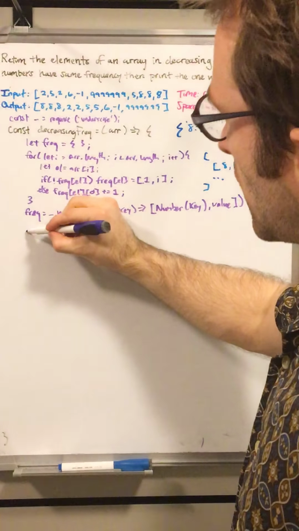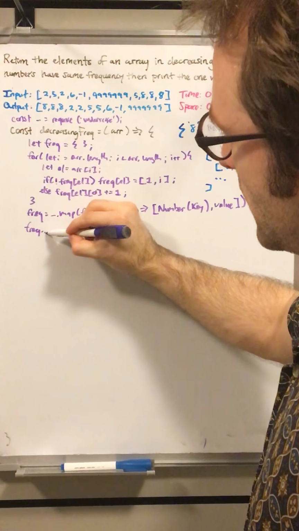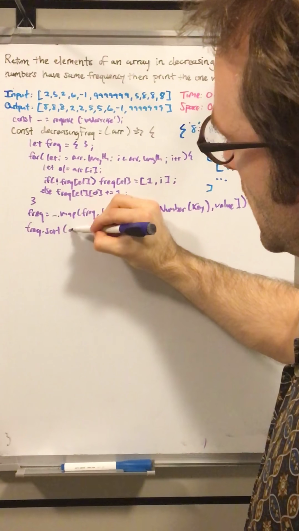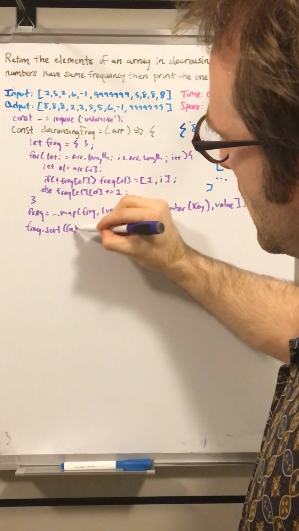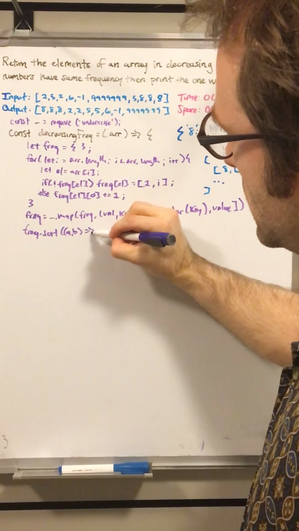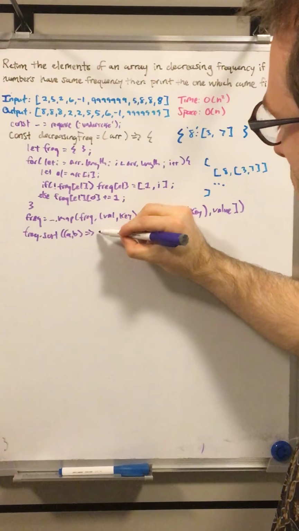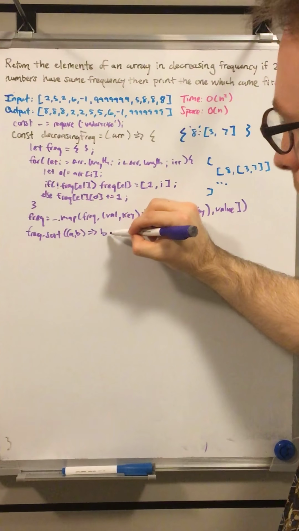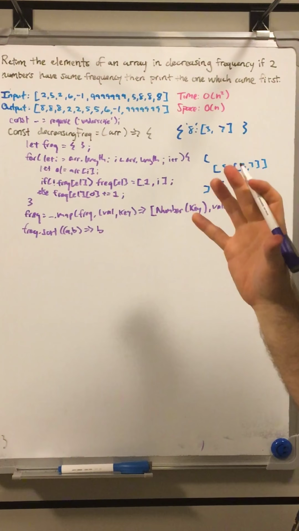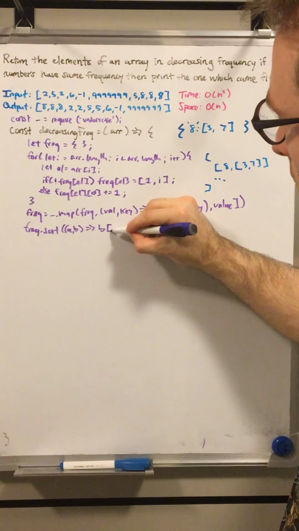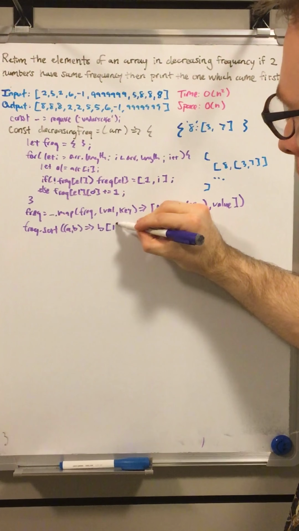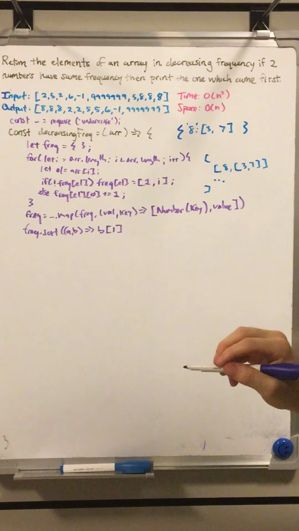Okay, so now once we do that, what's the next step? So now we want to sort it. So now we want to say frequency dot sort. We're going to say A, comma B. This is a built-in JavaScript function, and we're going to say B. This is going to get a little tricky now. We're going to say B at the 1th position.